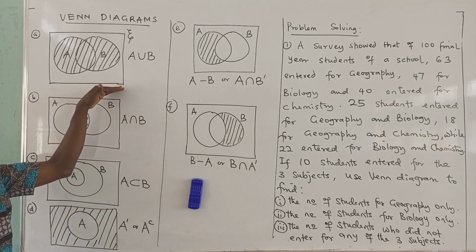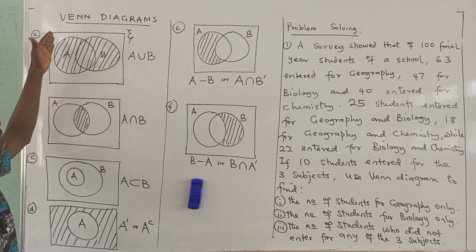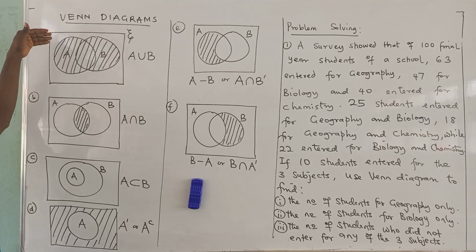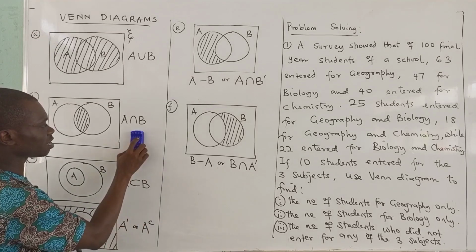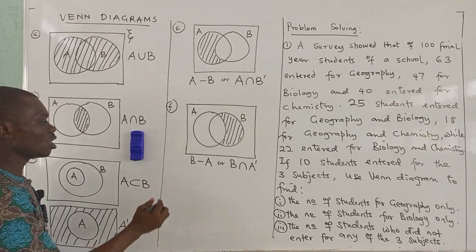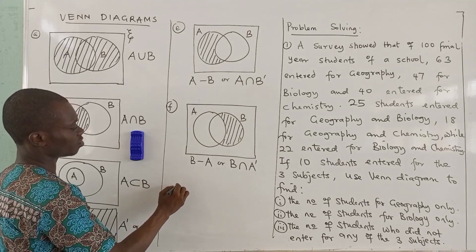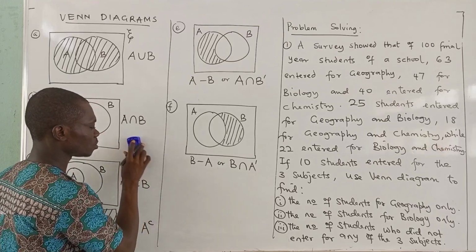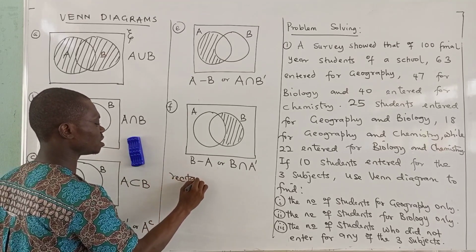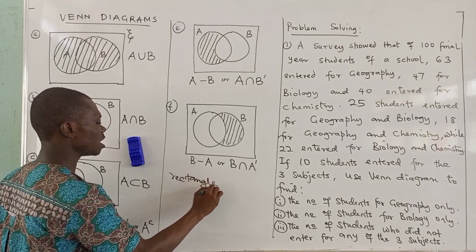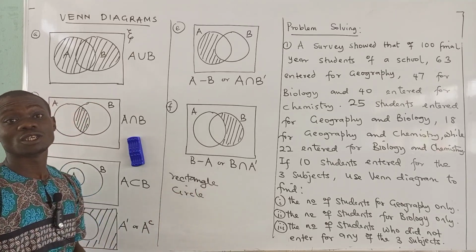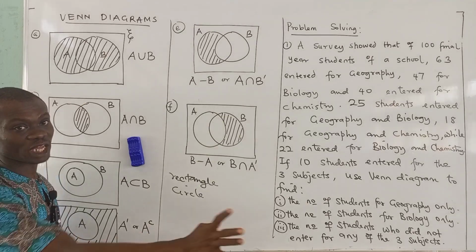Okay, so now the first one here talks about the union of two sets. So you can see here, you have set A and set B. Please note that in Venn diagrams, we use a block, that's a rectangle, to represent the universal set, and we use circles to represent the different subsets of that universal set.